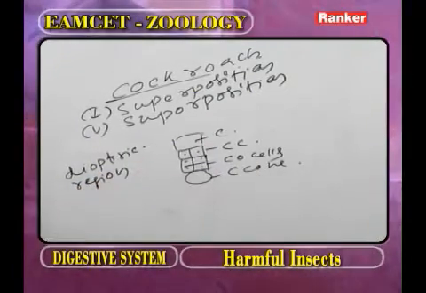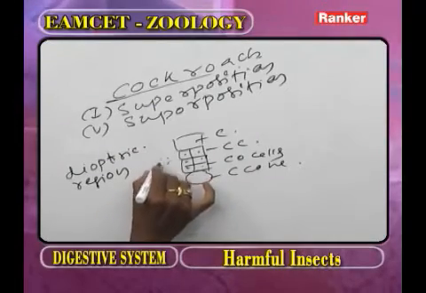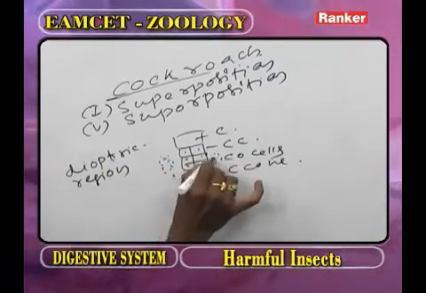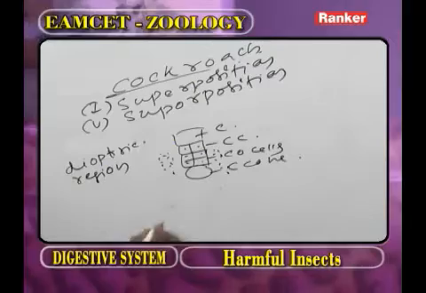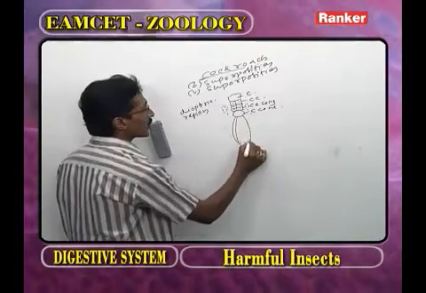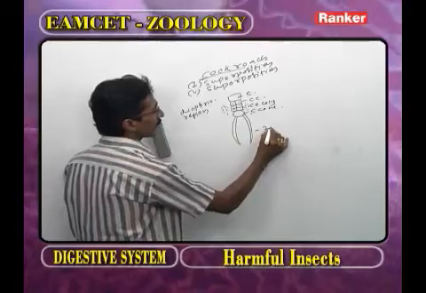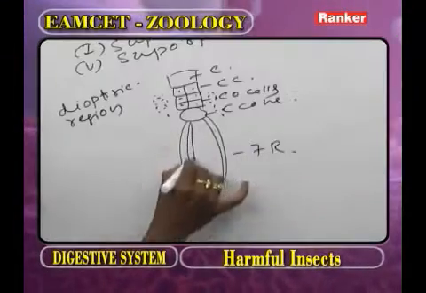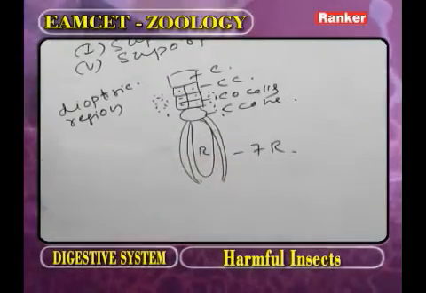The dioptric regions are separated by primary pigment cells. Now, it is followed by the 7 retinulae, and this one we call the rhabdome.